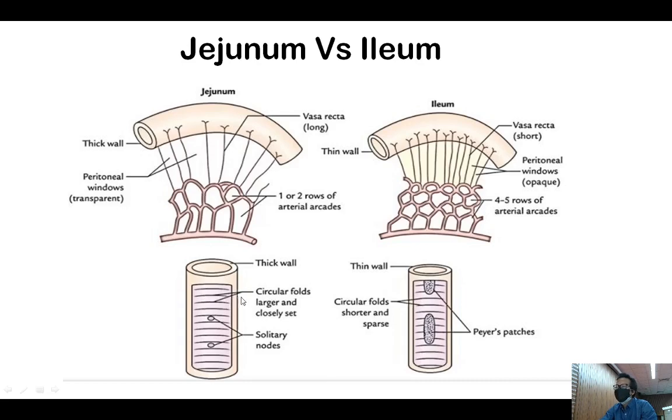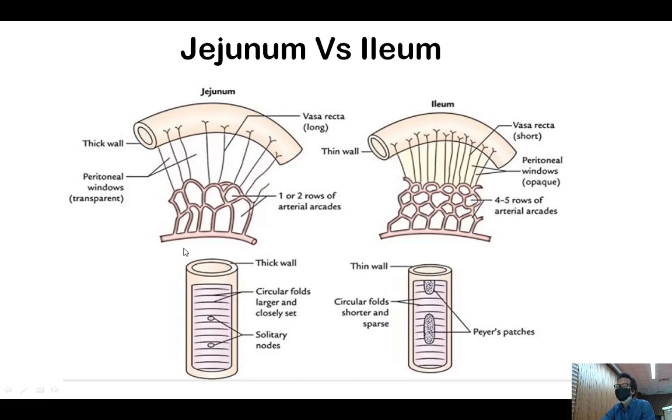In the jejunum, they're larger and very closely placed. Whereas in the ileum, the circular folds are shorter and fewer in number. And in the ileum, you'll have the Peyer's patches. In the jejunum, you have the solitary nodes.